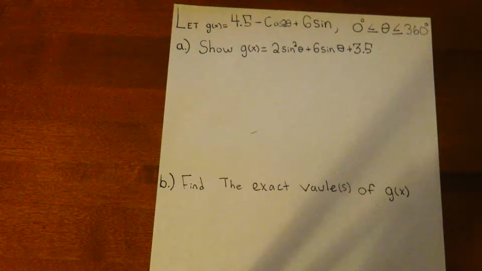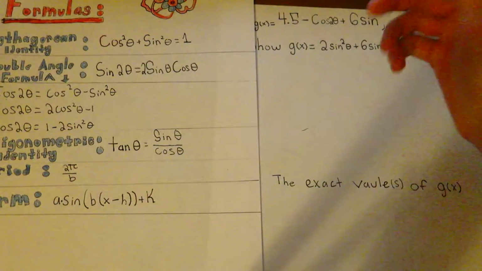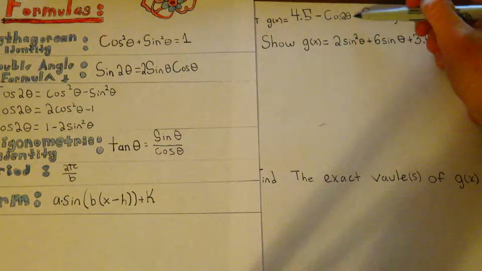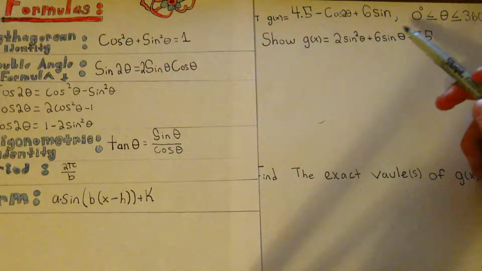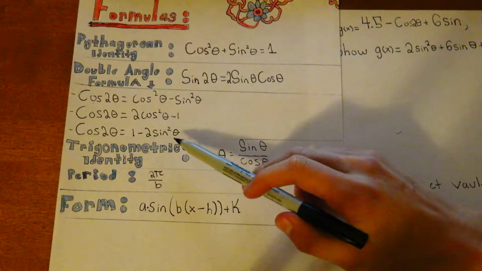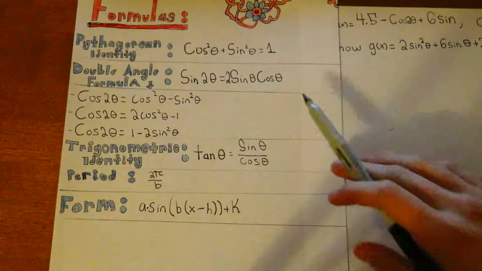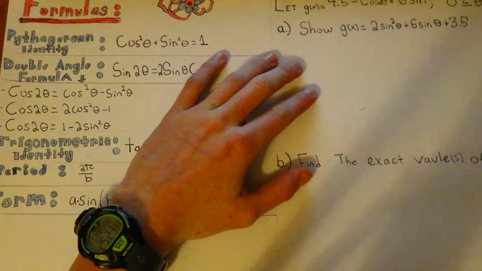First we're going to look at our formula booklet, and we see that we already have a cosine 2 theta, and we can use any of the 3 options. Since we don't have a sine squared, we're going to choose this one so that we can get the sine squared into the equation. Now all we have to do is plug it in.